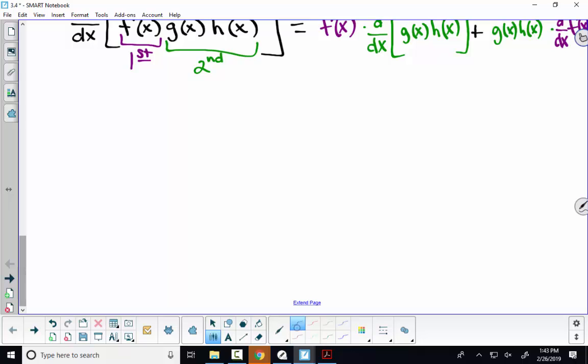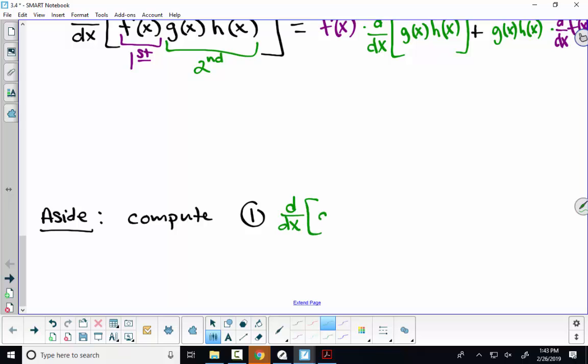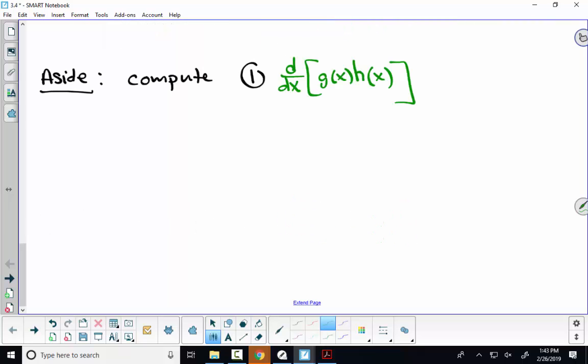So then off to the side, we would say here, aside, I have to compute the derivative of g times h and I have to compute the derivative of f, the first factor.